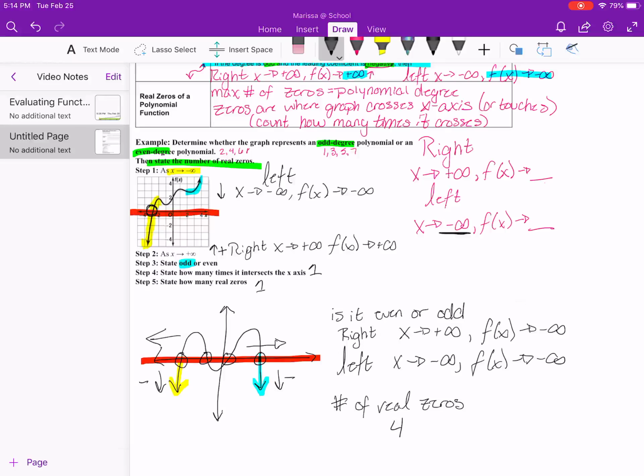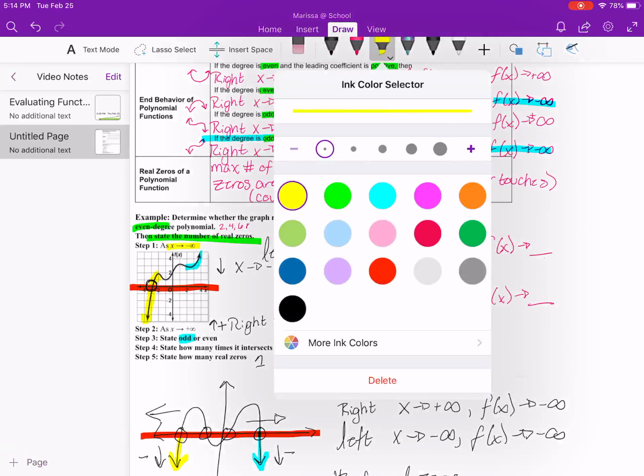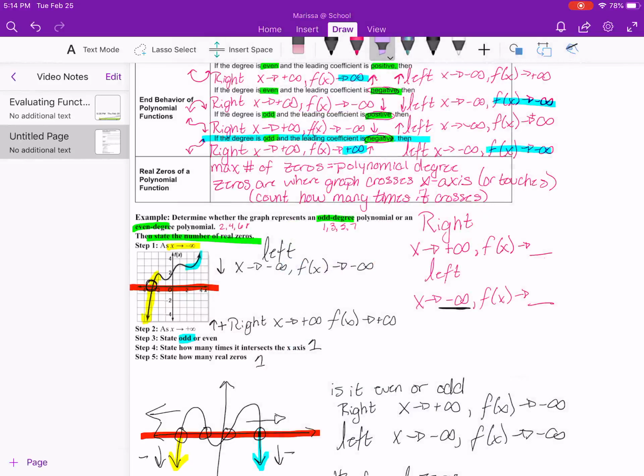So that all being said, I can now go up to the top, and I'll use a different color than what I've been using so that we can find this. I'm looking for negative on the right, so it can either be this or this. And then I'm looking for my left to also be negative.